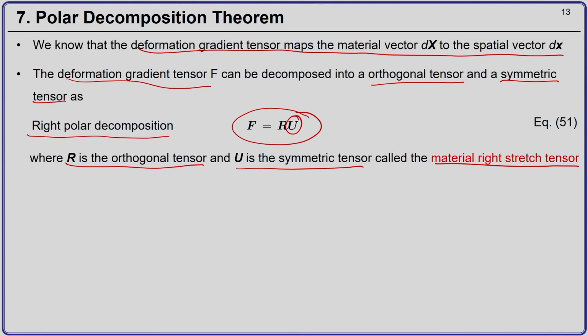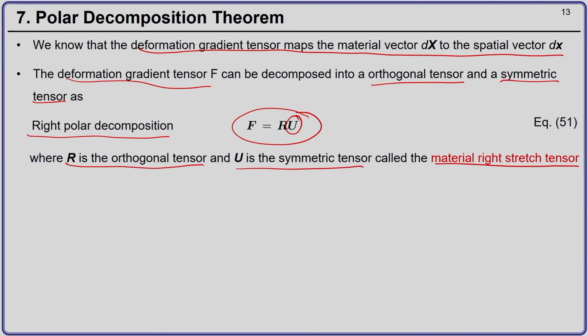So, why is the word stretch here? Stretch we have already defined as the current length divided by original length. So, there is a certain relation between stretch and U. We will come to it later. That is why it is called the material right stretch tensor.